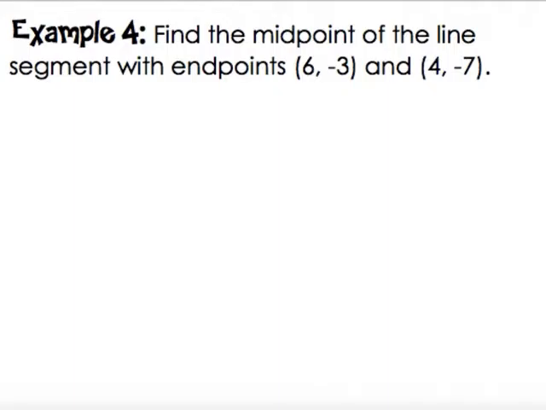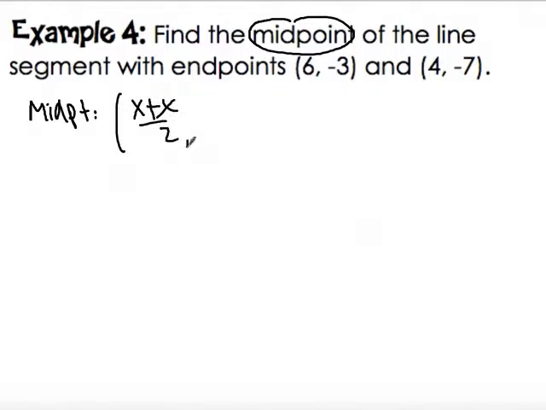On example 4, I'm finding the midpoint of a line segment with endpoints at (6, negative 3) and (4, negative 7). So your midpoint is going to be x plus x divided by 2, y plus y divided by 2. 6 and 4 would be my x's, negative 3 and negative 7 would be my y's.